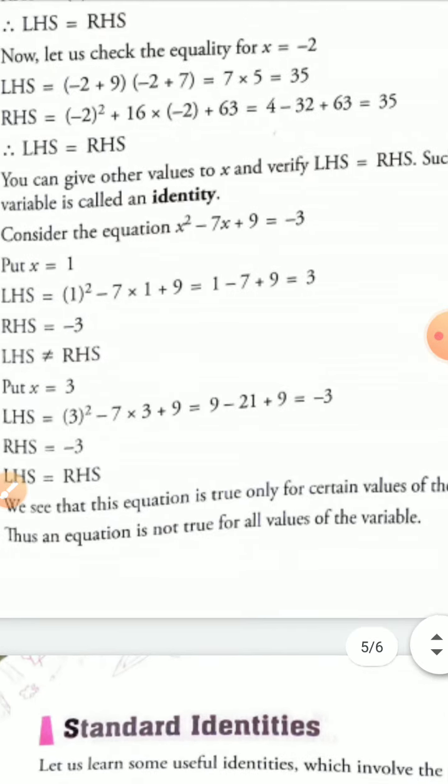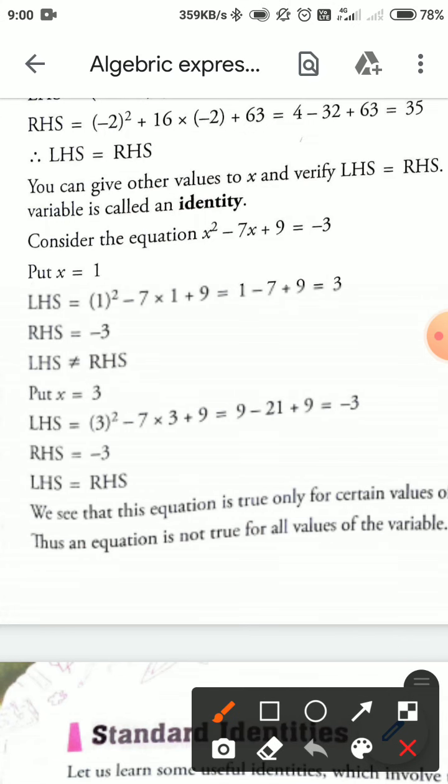Here we are given an equation that is x square minus 7x plus 9 is equal to minus 3. If we put x equals 1, what we will get is 3, which is not equal to the RHS.